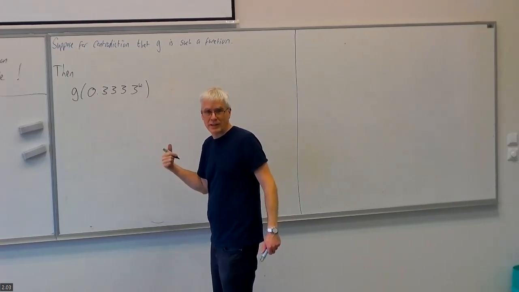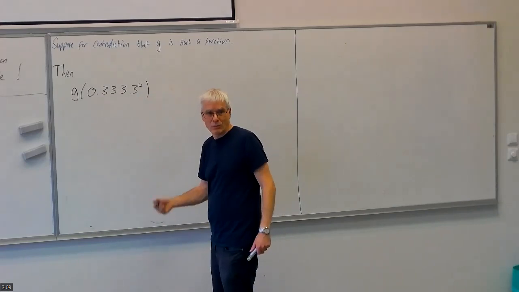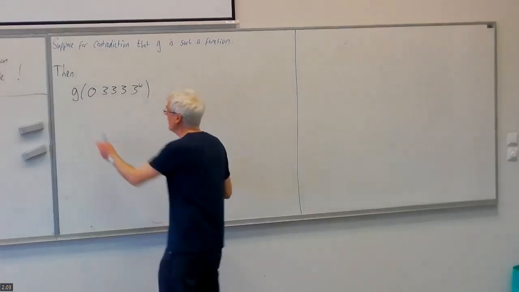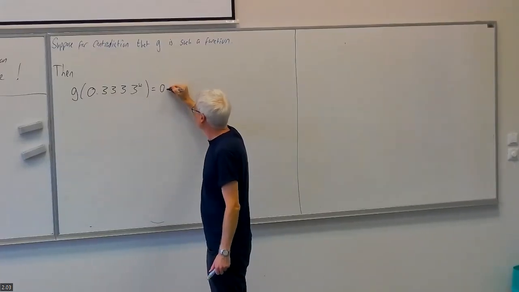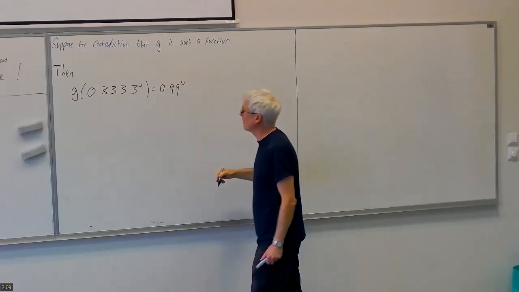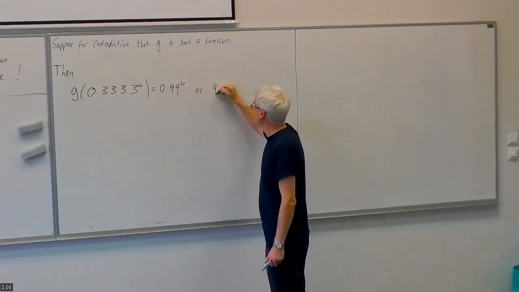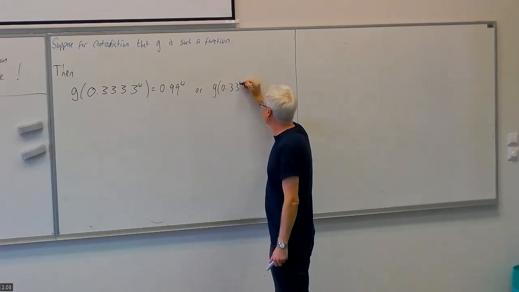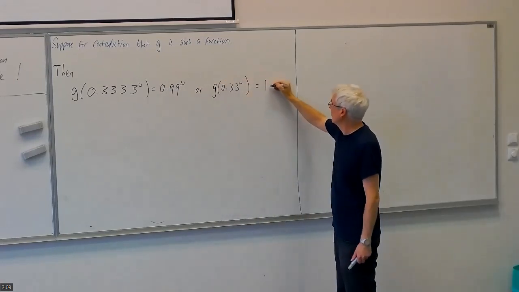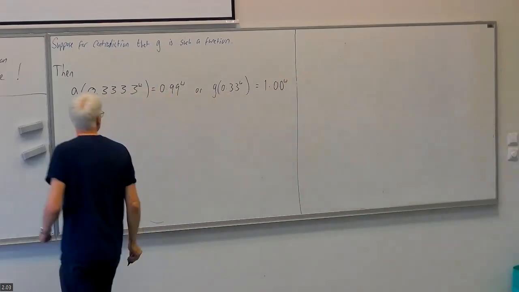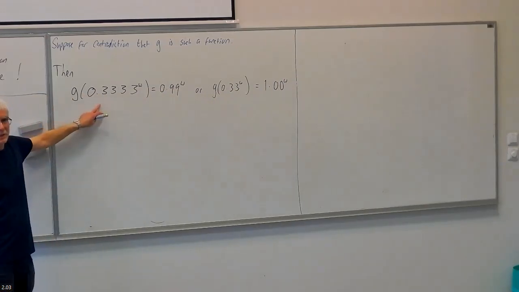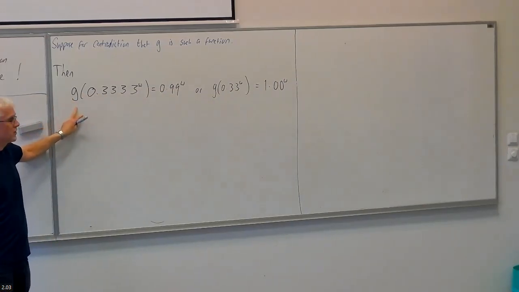There's 0.9999999 and so on, or 1.0000. So either G of 0.333 and so on will be 0.99 forever, or it will be 1.00, carrying on forever. One of those two. And we're going to show that any such continuous function G does not compute the multiplication by 3 function.